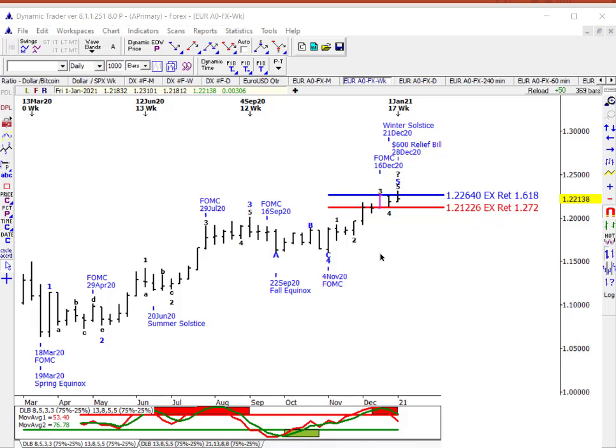Two weeks ago, one of the featured markets we had in this video was the dollar, and of course the euro trades just the inverse of the dollar. I'm going to update that because, as I showed you 2 weeks ago, the dollar was coming into a time and price and pattern. Everything was coming together for a potential for a weekly low in the dollar, weekly high in the euro.